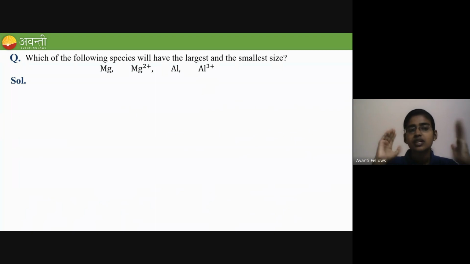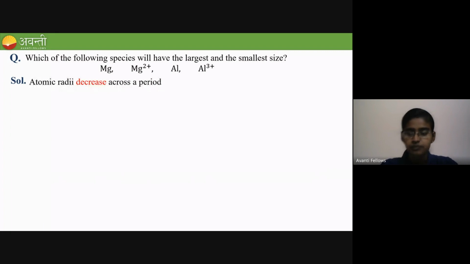So what was the trend that we have discussed for atomic radius? Across the period, atomic radius decreases, and on moving down the group, atomic radius increases. That was the trend we studied yesterday. Now, across the period, first magnesium comes.